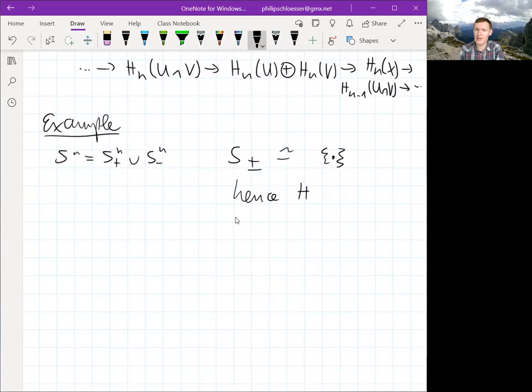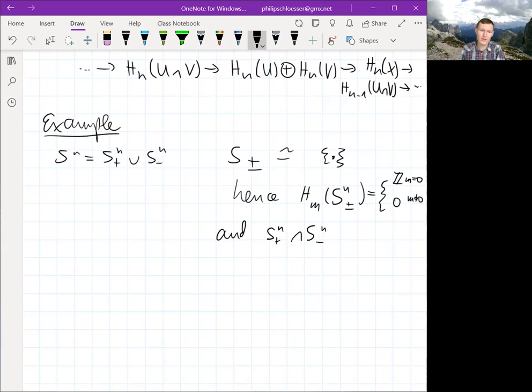Hence, by the dimension axiom, the mth homology group of the nth hemisphere is just Z if m is 0 and the trivial group otherwise. And the intersection of the two hemispheres is homotopy equivalent to the n-1 sphere.